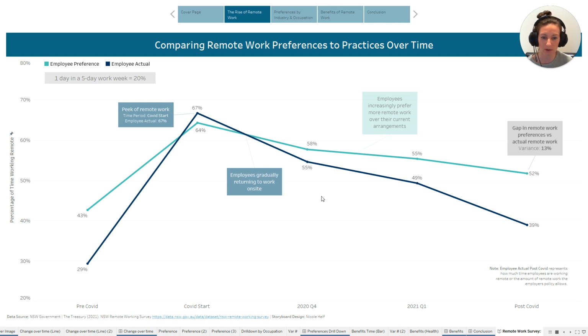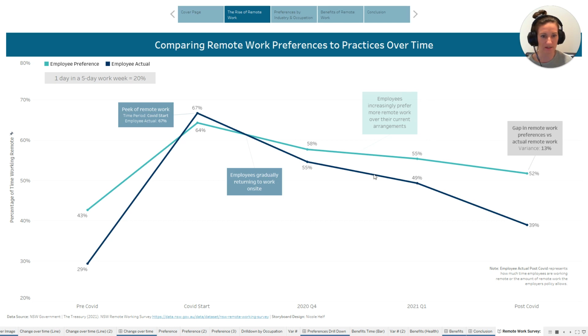Then as time went along in 2020, employers were getting their workplaces ready, having their safety measures put in place, and employees started to return to work on site. However, as we continue along that path, employees increasingly prefer to work remote more than their actual practices.